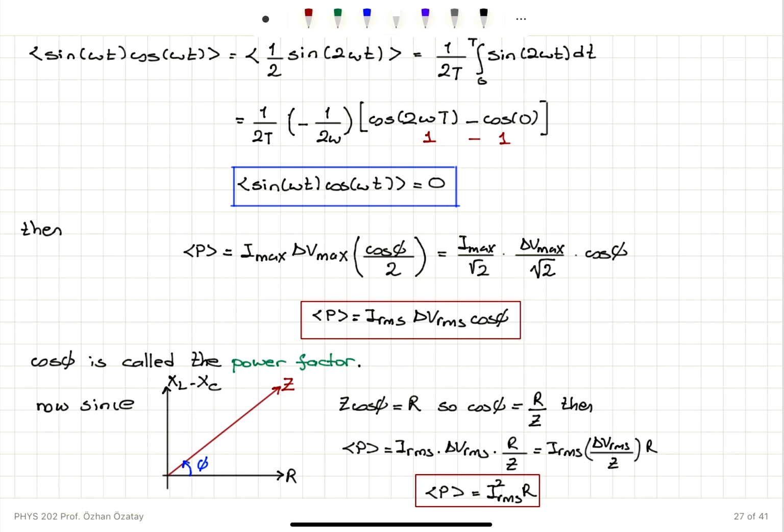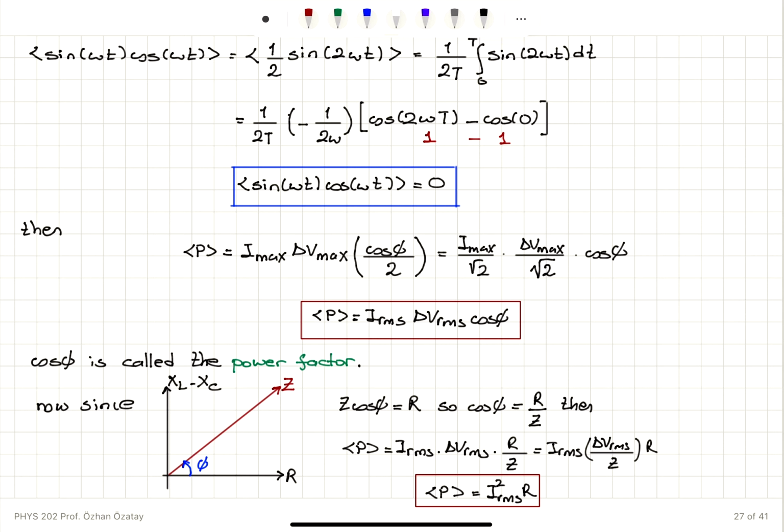You can see for the series RLC circuit, we had tangent phi equals XL minus XC over R, and Z cosine phi is R. So for cosine phi, we can substitute R over Z, and delta V RMS divided by Z is I RMS, so average power is also I RMS square times R.